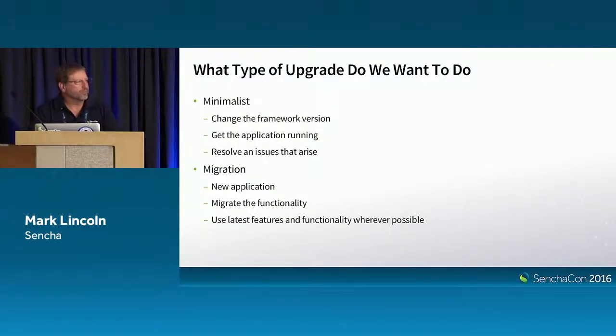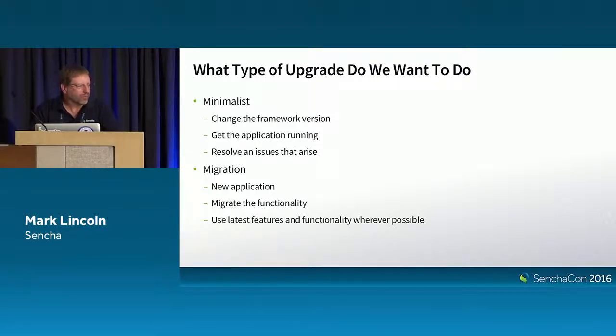Before we start out, let's talk about what type of upgrade we want to do, because I've been out in the field. I work for the services group at Sencha, so I get to see a lot of applications, and I've done several upgrades. I've built new applications for clients. So I'm out in the field just like you, building applications.